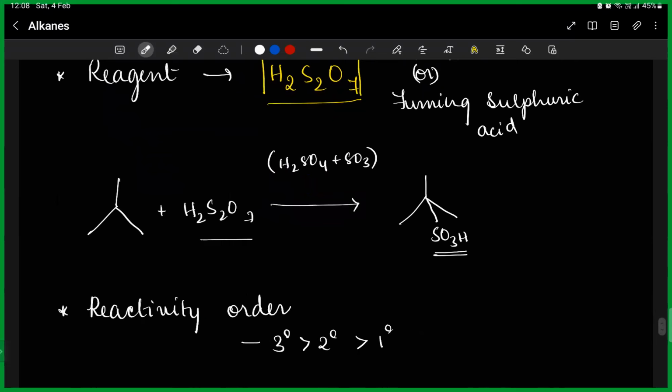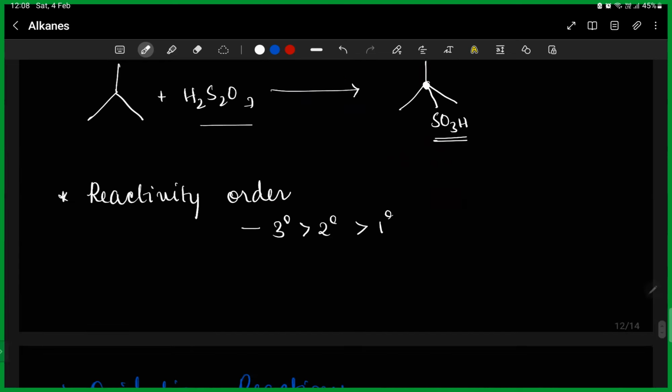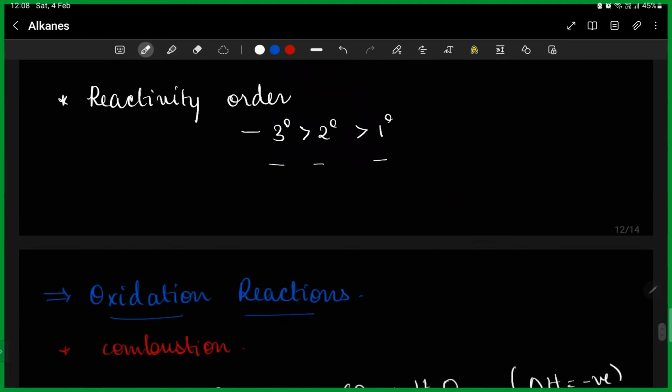So what is happening in this reaction? H2S2O7 reacts with the alkane we have here, and SO3H is formed and attached to the tertiary carbon. So the reactivity is tertiary more than secondary, more than primary. This is the sulfonation process.